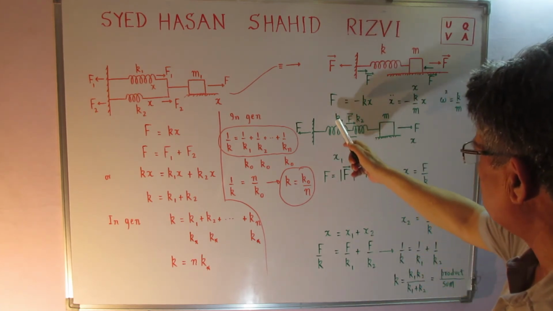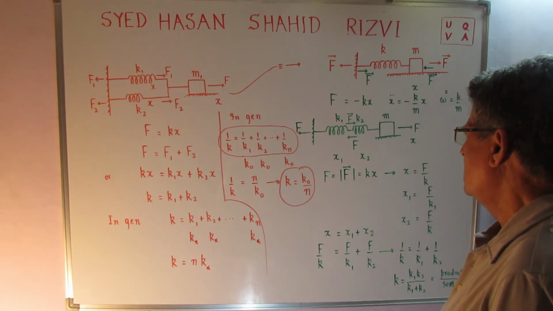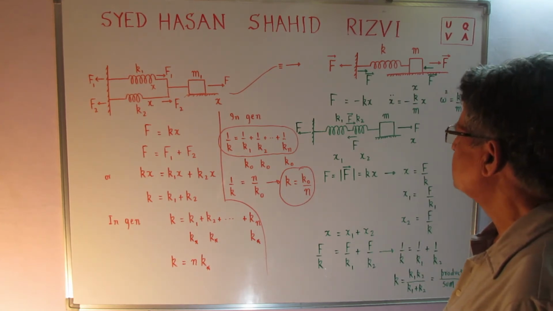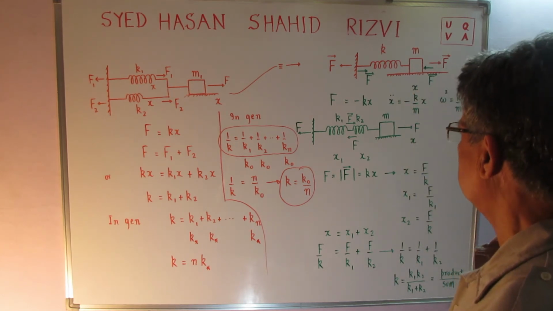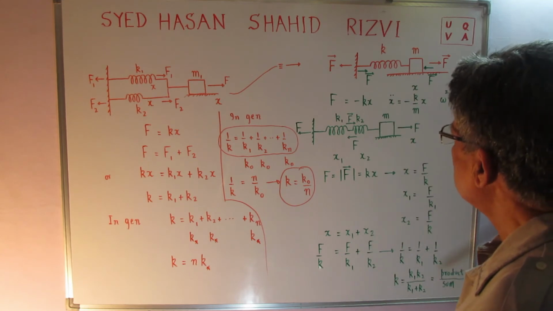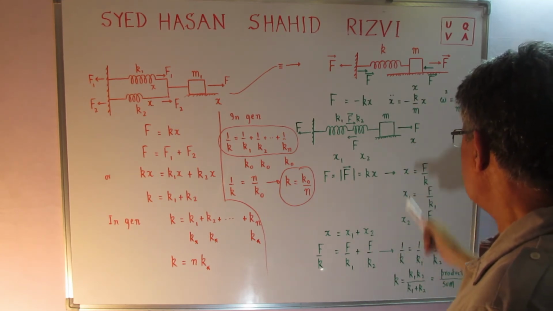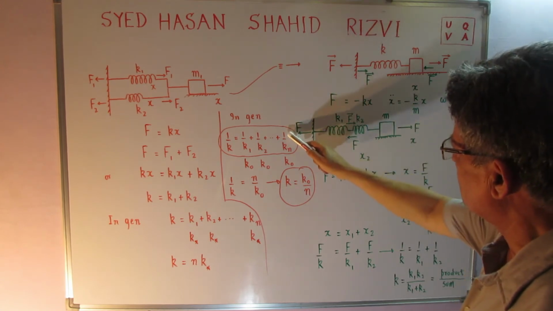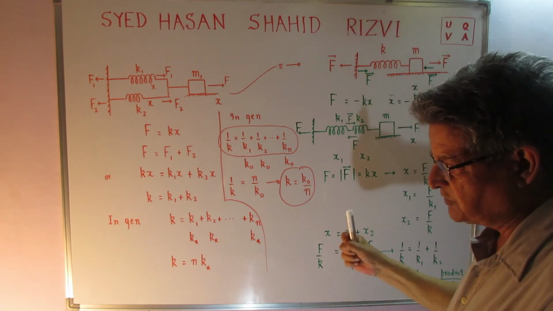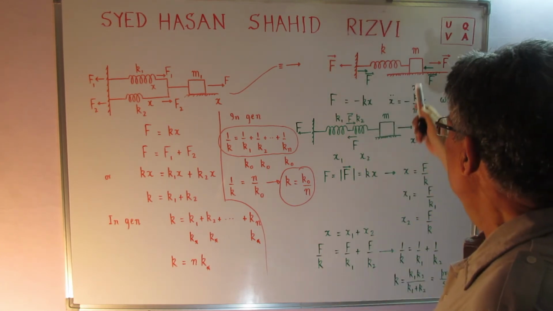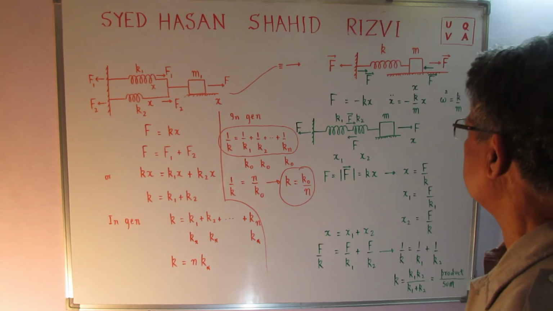And here I have two springs of different force constants K1 and K2. For brevity, I have just taken two of them, and when the force is applied here, an equal amount of force should appear here, a matching force, else there cannot be a stretching or a contraction of the spring under consideration.